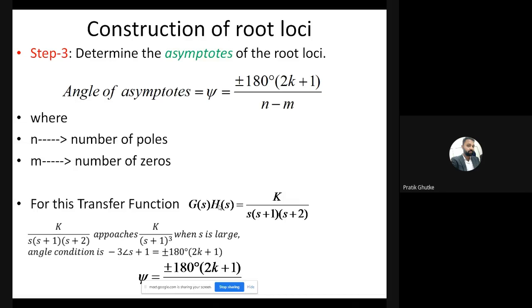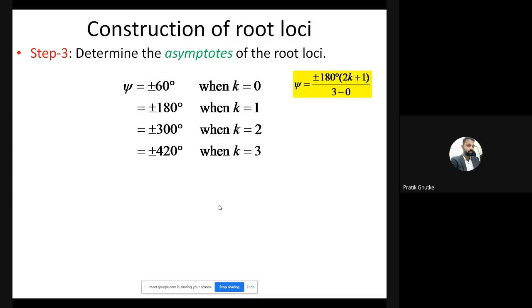Why? Because P minus Z, the number of poles minus the number of zeros, is 3. So the formula to calculate the angle of asymptote is psi equals 180 times (2k plus 1) divided by n minus m, where k is varied from 0, 1 and 2.